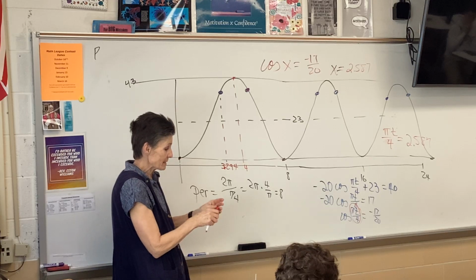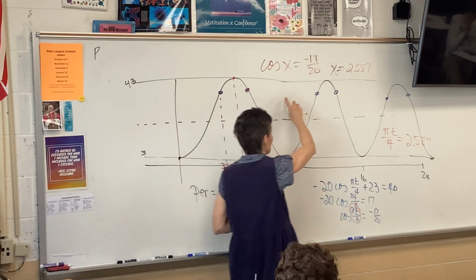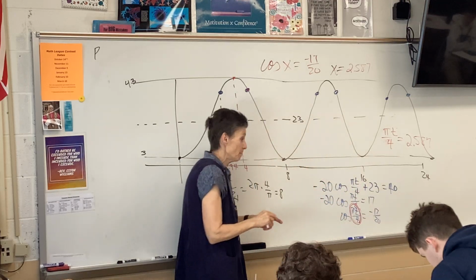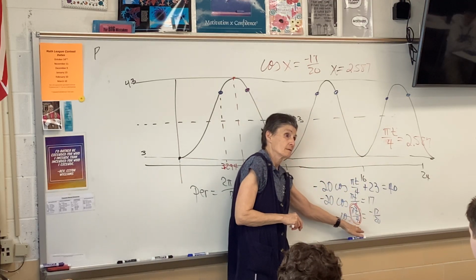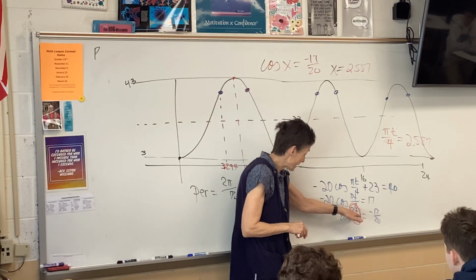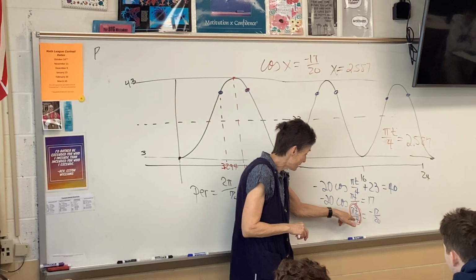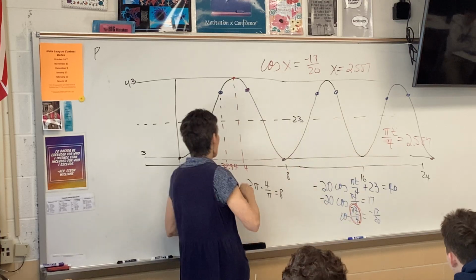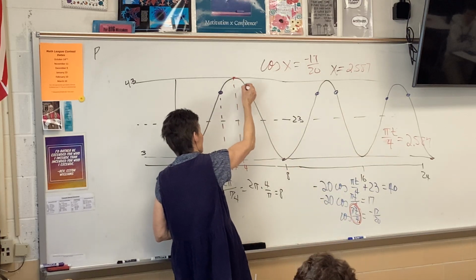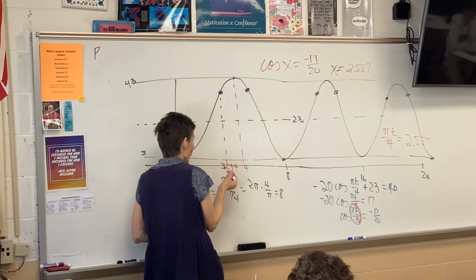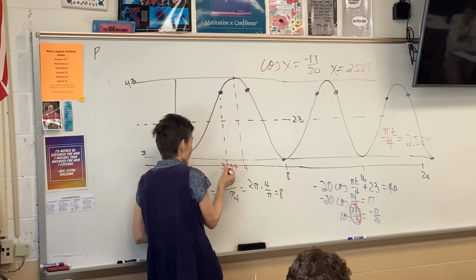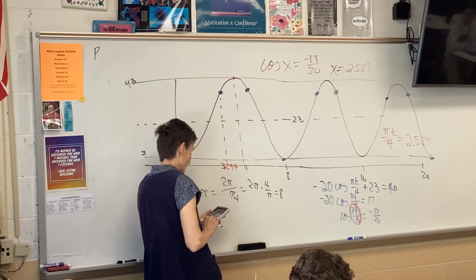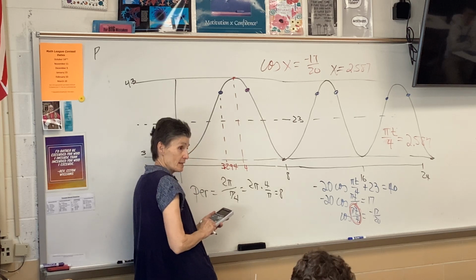Okay, don't make the same mistake I did. Remember, when you typed it into your calculator, you were finding this angle, which is fine. But that angle is not T. So I have to take whatever my calculator said and solve for T. Now, this is the same as this. So what is the distance from 3.294 to 4? 0.706.